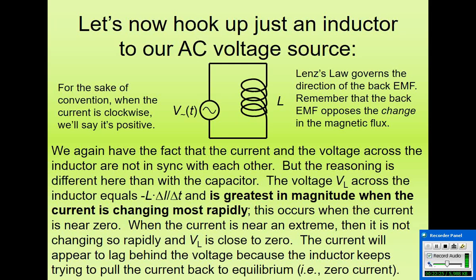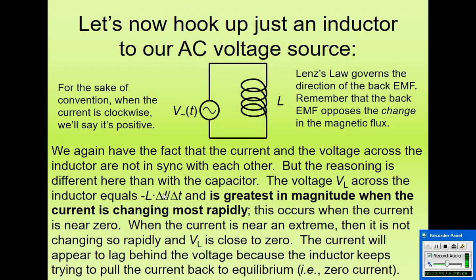And if you'll recall from a recent lecture, the voltage across the inductor is equal to minus capital L, which is the inductance, times the change in current over time. In other words, the more rapidly the current is changing, the greater the back EMF in the coil, in the inductor. Now, when is this current changing?